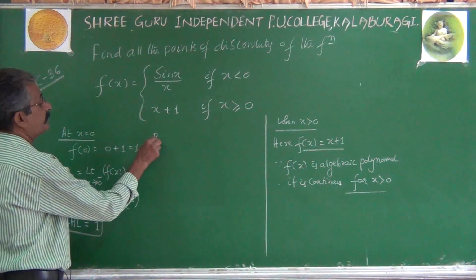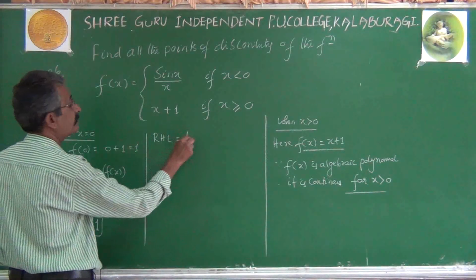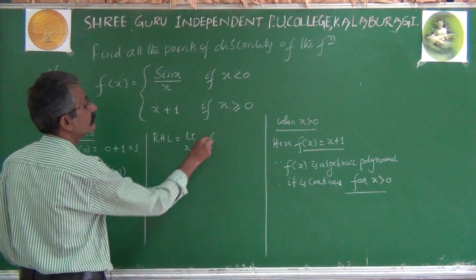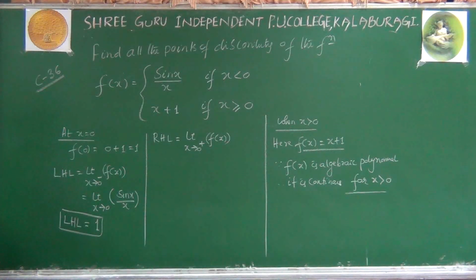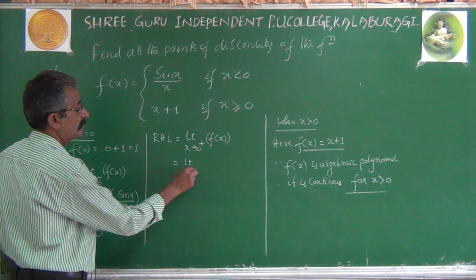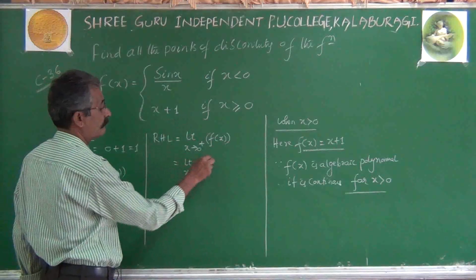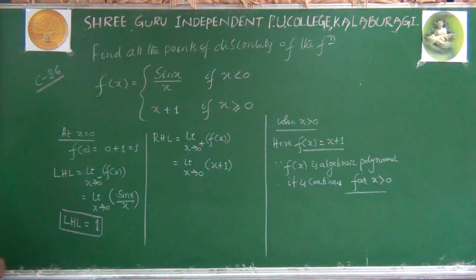We also find the right hand limit RHL, that is limit x tending to 0 plus f of x. 0 plus means more than 0. When x is more than 0, the function is x plus 1. Replace x by 0.